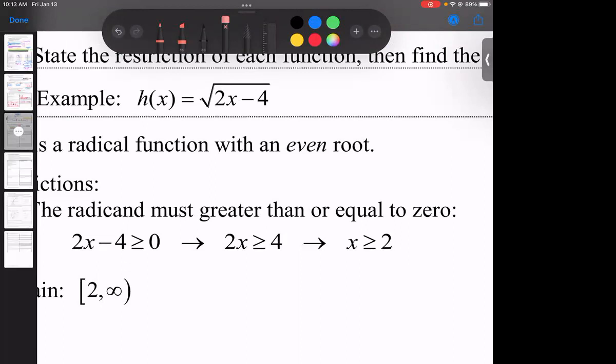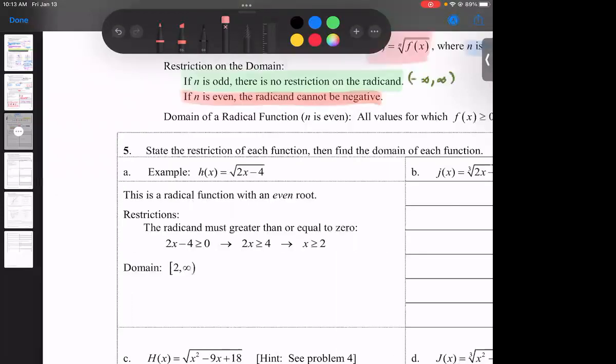Makes sense, right? If you put 1 in there, 2 times 1 is 2, 2 minus 4 is negative 2. What's the square root of negative 2? I think, right? But right now we only deal with real numbers. So i is a different thing, that's complex. We only deal with real numbers.